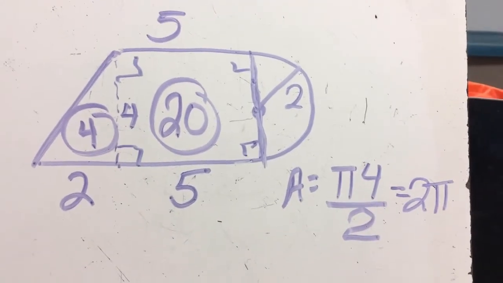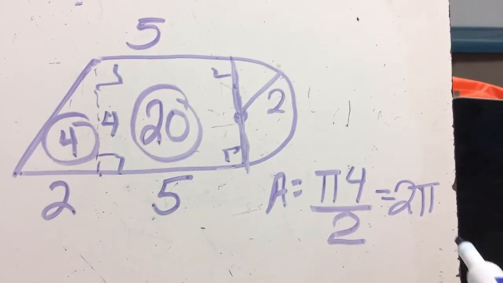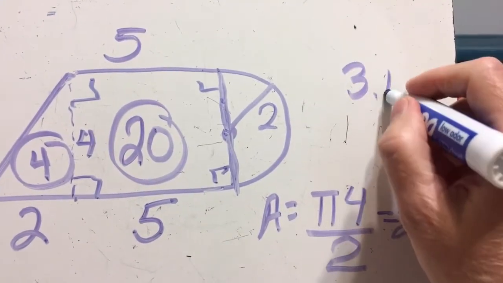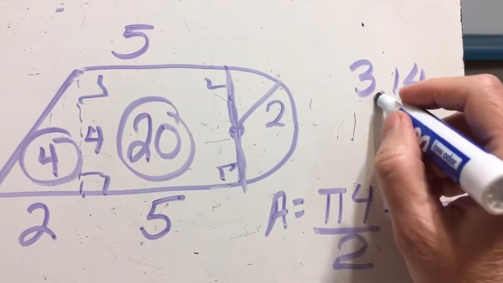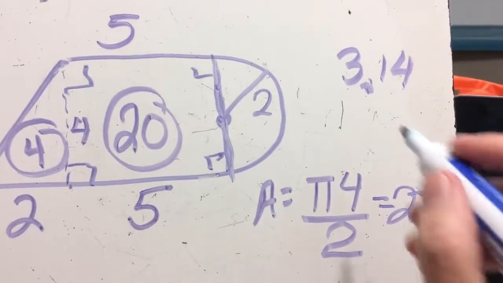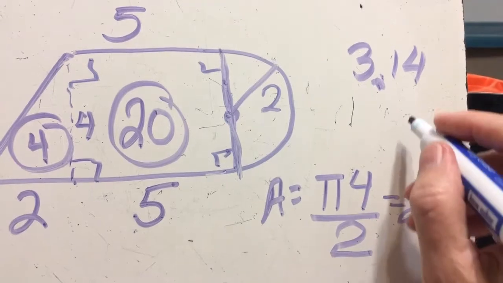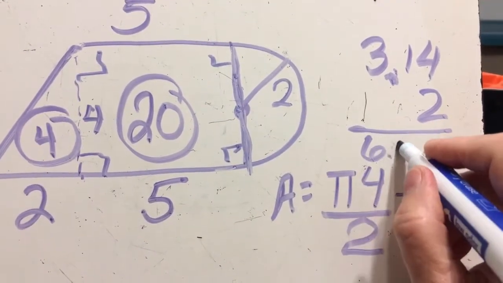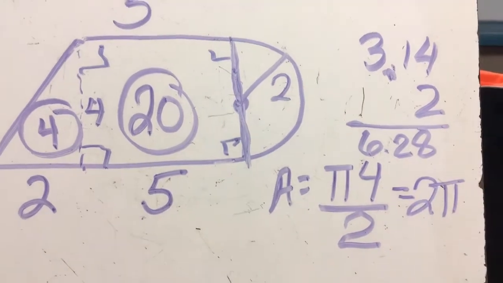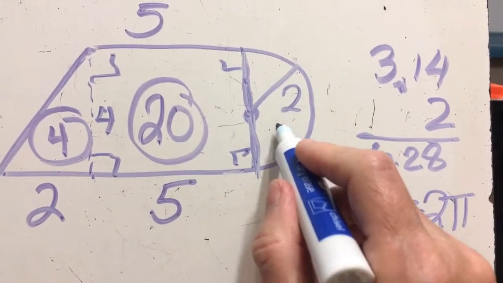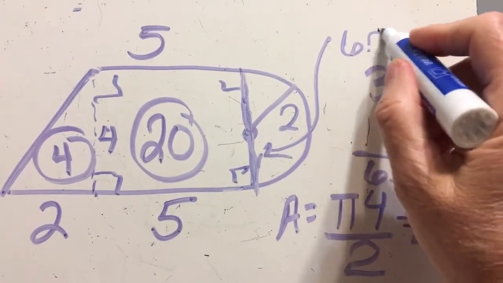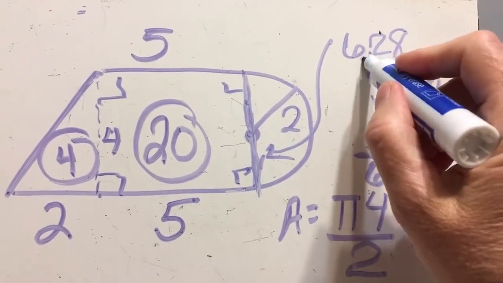Now we're going to multiply the 2 times 3.14, because an estimate is going to be more useful to us than an exact answer here. So 3.14 instead of the pi times the 2 is going to be 6.28 when we multiply. So this inside here is 6.28 square units.